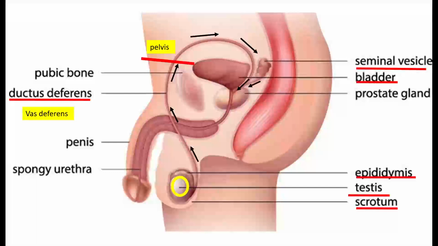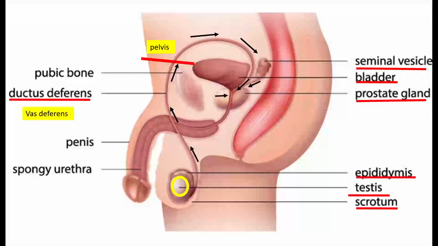Then it reaches the prostatic gland, and inside the prostatic gland, this duct is going to be called the ejaculatory duct, which opens into the urethra.